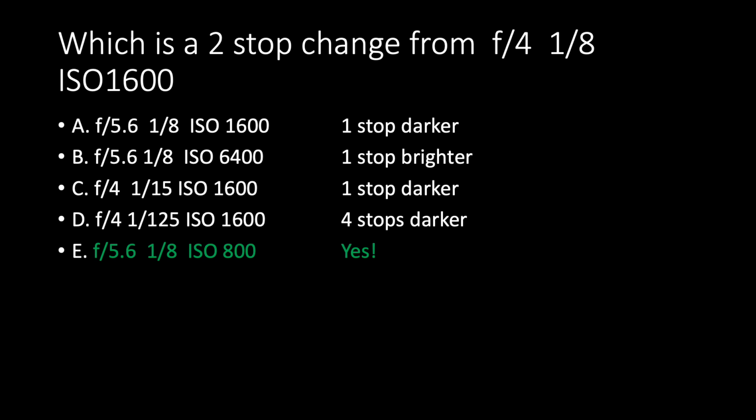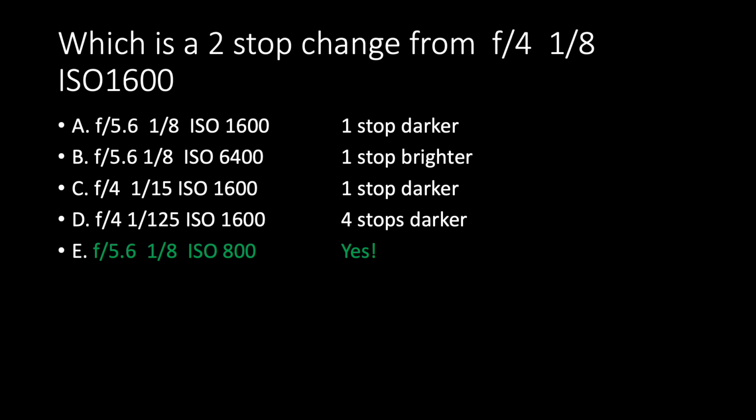Not there yet. Looking at answer D, our f-stop stays the same. Our shutter speed goes from 1/8 to 1/125th, and that's a 4-stop change. We go from 1/8 to 1/15th to 1/30th to 1/60th to 1/125th, and there's your 4 stops.